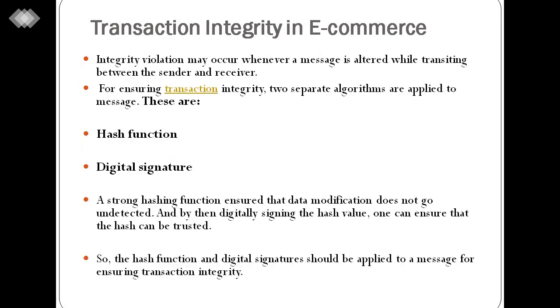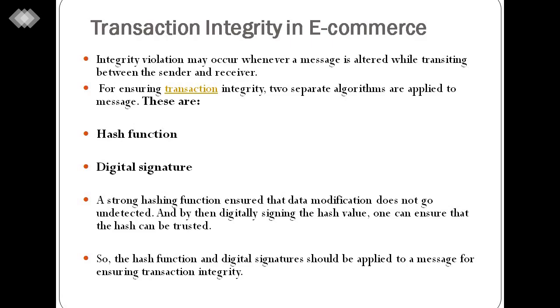Next is integrity in e-commerce, as integrity violations may occur when a message is altered while transmitting between the sender and the receiver. Transaction integrity is ensured using two algorithms applied to the messages, and these are the hash function and the digital signature.